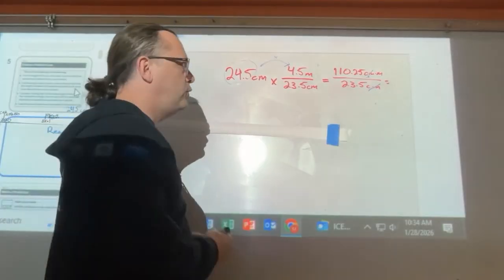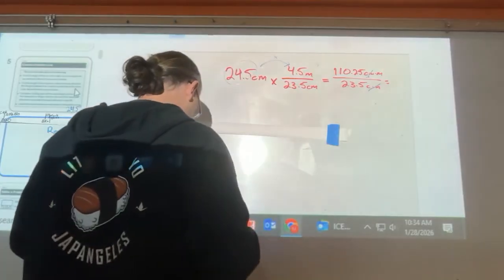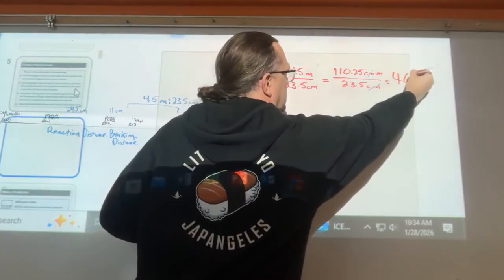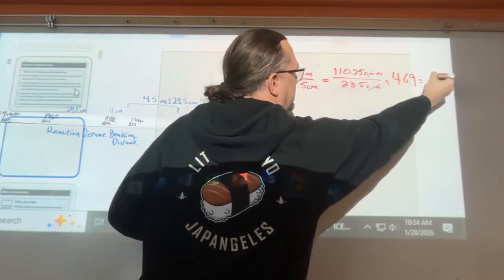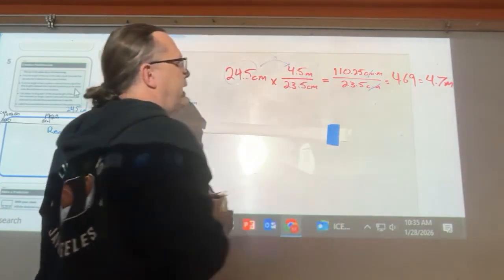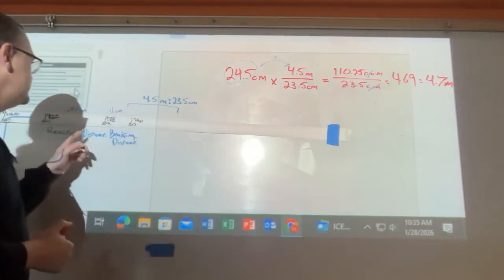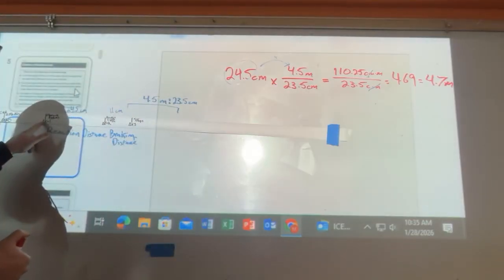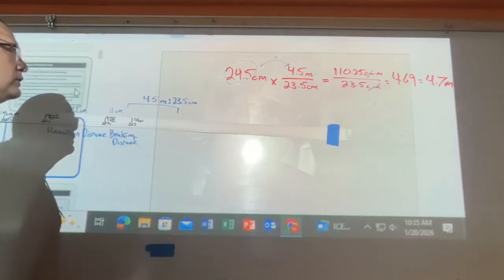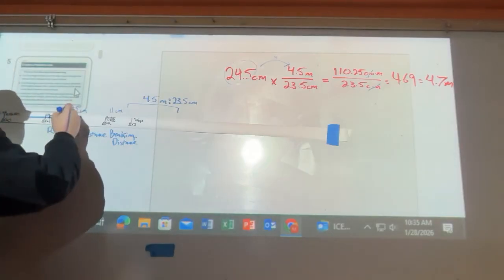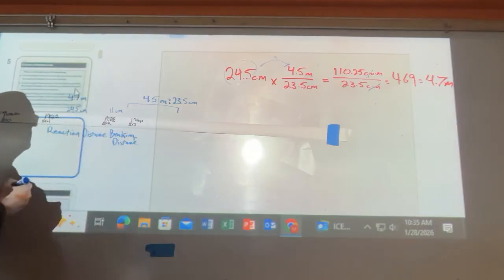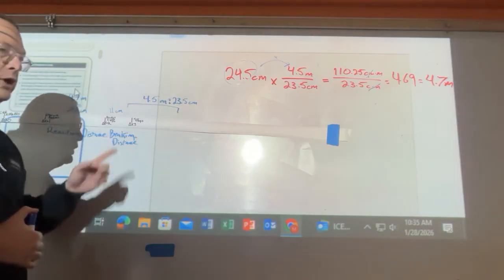What I got was 4.69 on my calculator, which we will round up to 4.7. That means our reaction distance from delta x1 to delta x2 is 4.7 meters. Can you calculate the braking distance now?